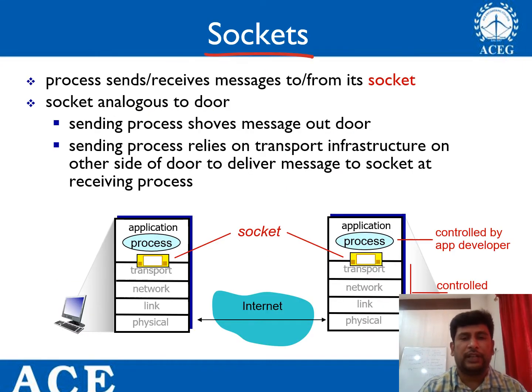Right. So let's try to understand the next important term, called sockets. What do you mean by sockets, and what is the role of sockets in this network? Let us look at the TCP/IP model. We know that the application layer is the one generating the data, and inside it there is a process generating the data to send, like the client process and server process.